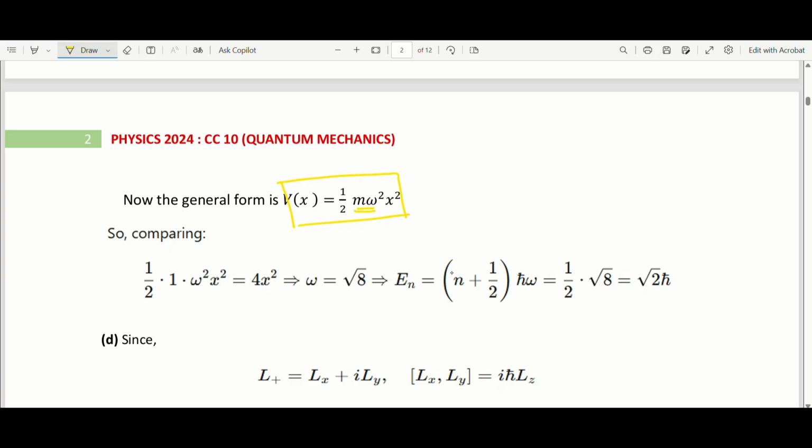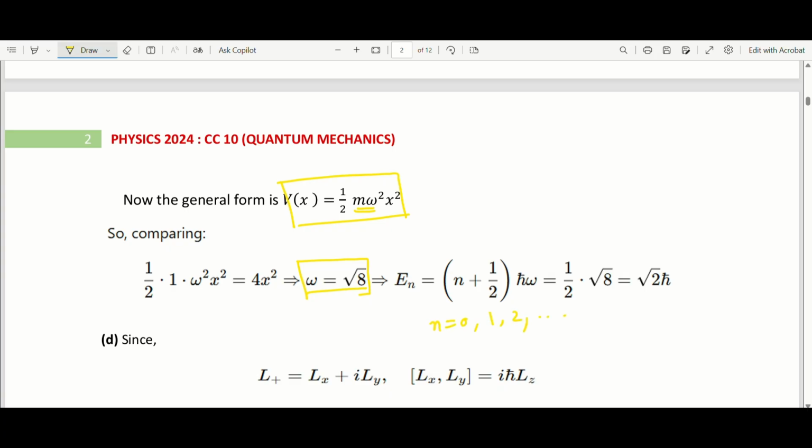4x square equals to these things. And from here we can find the omega value. Okay, omega equals root over 8. Now we know that the energy in general for a harmonic oscillator is defined as En equals n plus half times h cross omega, where n is a positive integer including 0, that is 0, 1, 2 and so on.